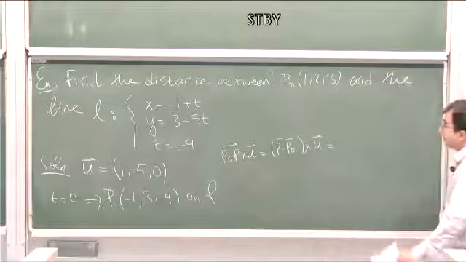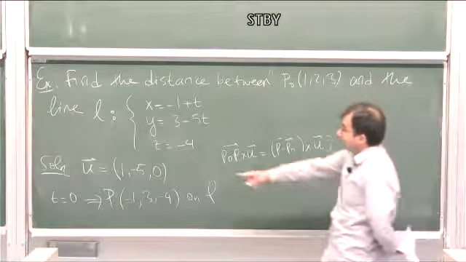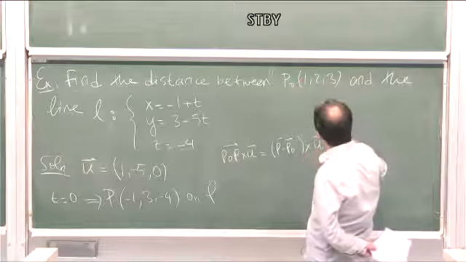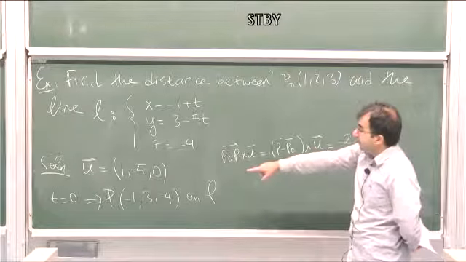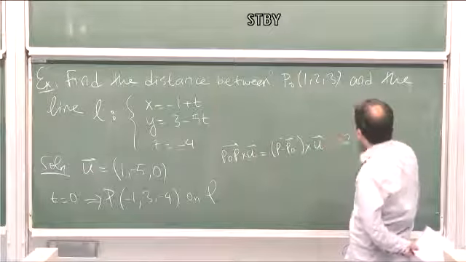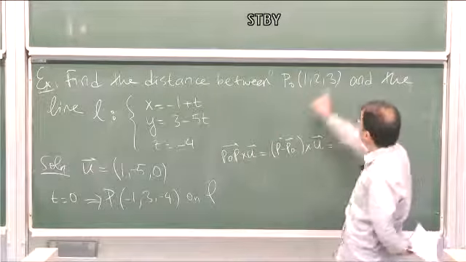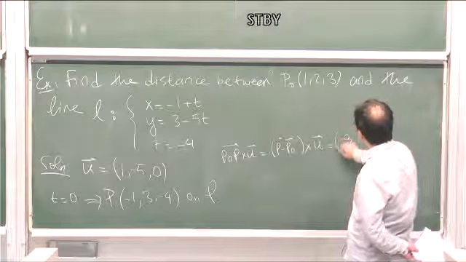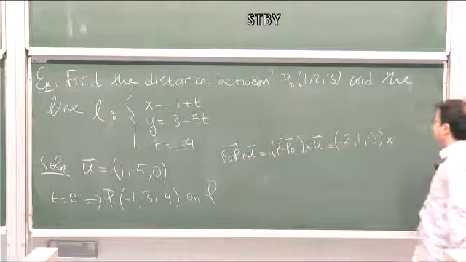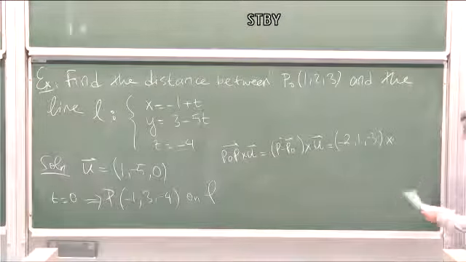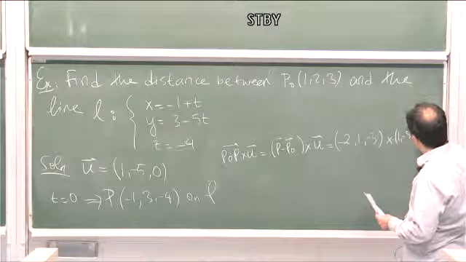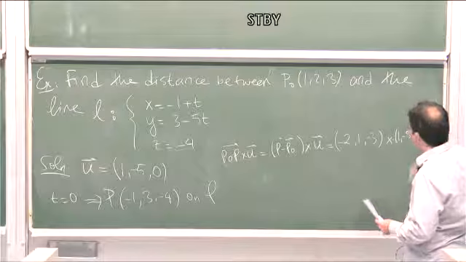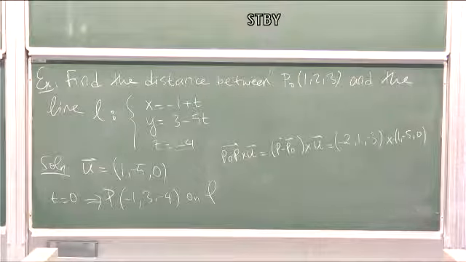All right, let's write P minus P0. So -1 will be -2. And then 3 minus 2 is 1. And 0 minus 3 is -3. Cross product. U is 1, -5, 0.